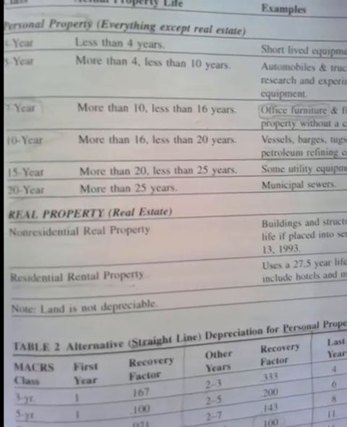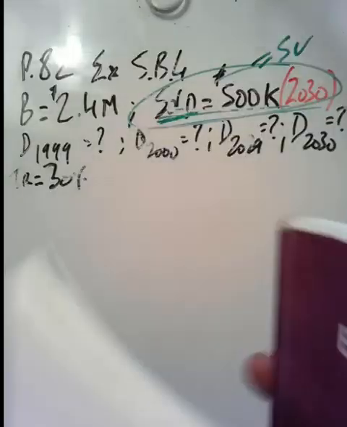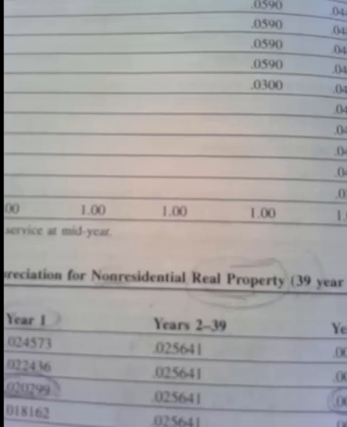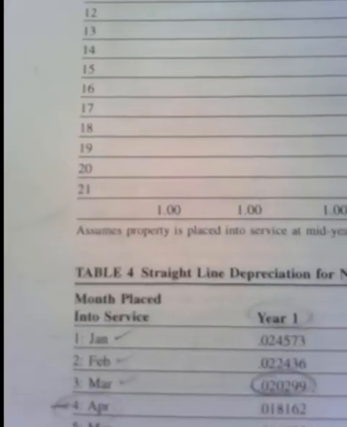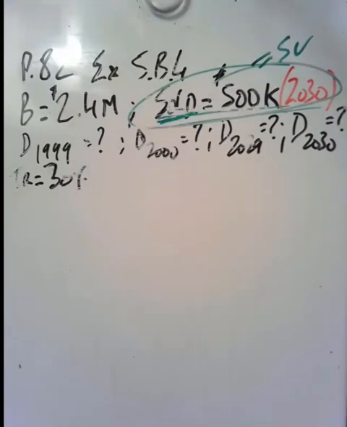So industrial building is non-residential. So we're going to look for the table that says non-residential real property, and there's only one non-residential real property. That's table 4. Okay.